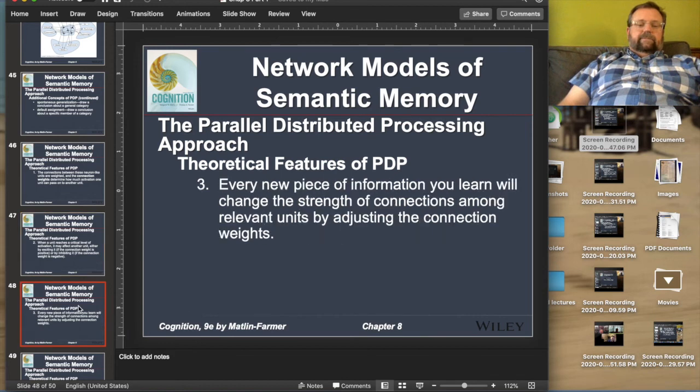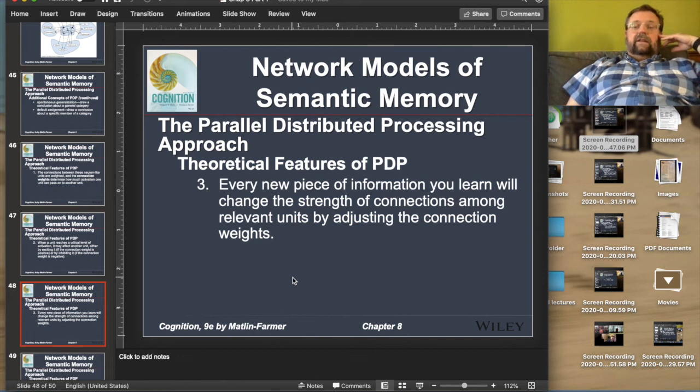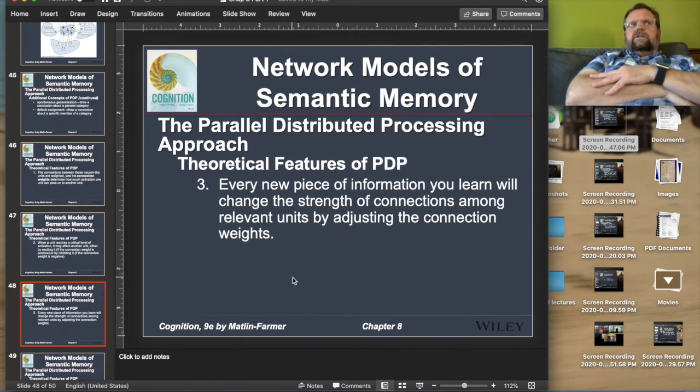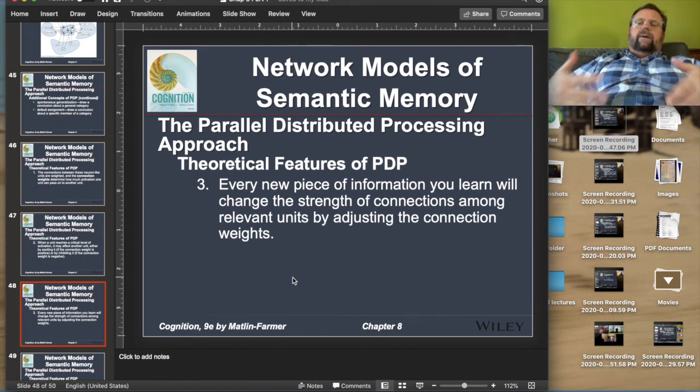being activated. Thus, every new piece of information you learn will change the strength of the connections among the relevant weights by adjusting the connection weights. And what this is basically telling us is some of the more important nuances of how the pattern emerges, how this pattern of neural activation can be modified over time and can be strengthened based on the existence of weights.